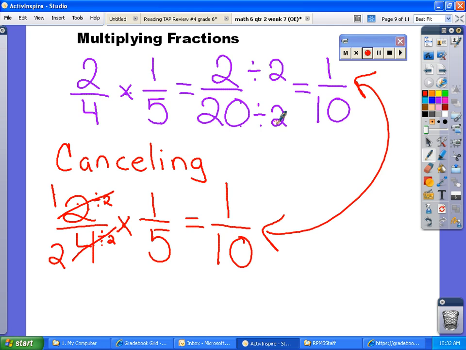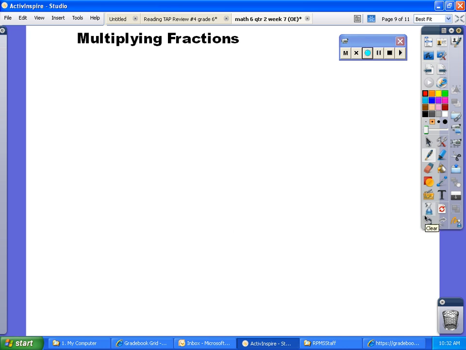Let's do another example. Let's take 4/5 times 3/8. Now, if we just go ahead and do it normal, multiply my numerators, I'm going to get 12/40.